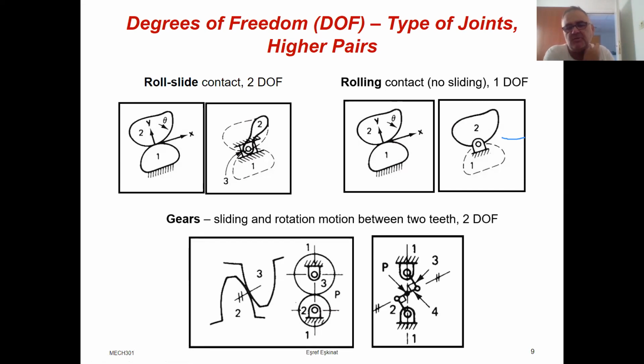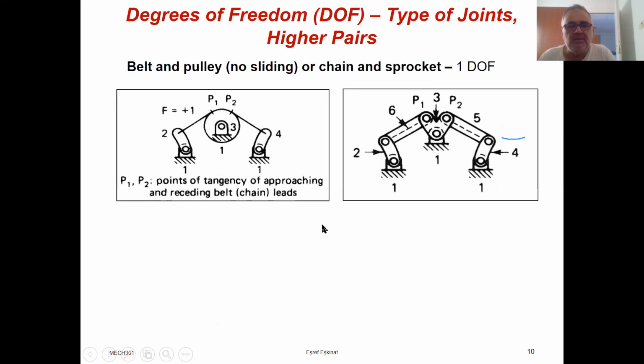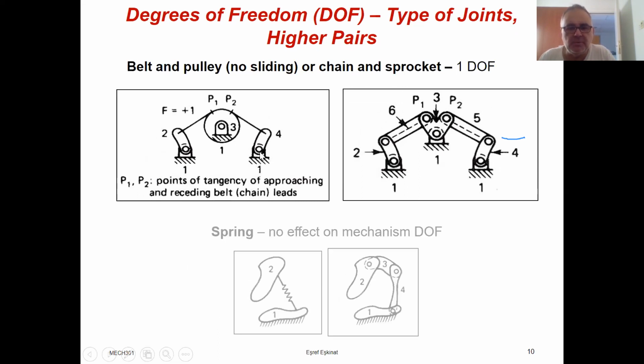The gear contact has a degree of freedom of 2. Importantly, in between the gears, there is sliding motion, and rotating motion is possible. That's why we have 2 degrees of freedom. In belts and pulleys, we have 1 degree of freedom only, and the springs have no effect.